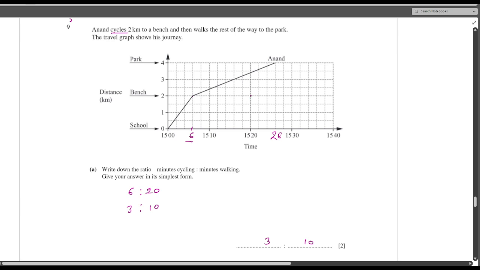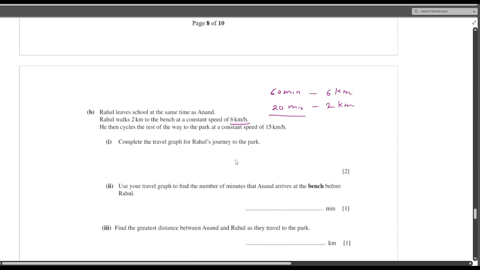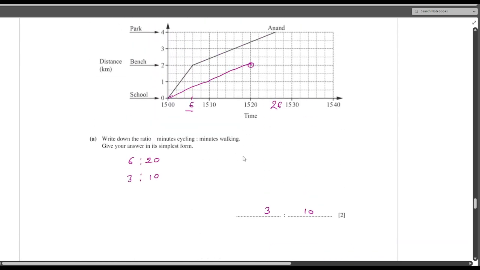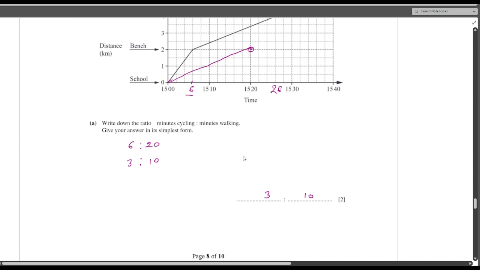Okay, I have 1 point over here. Now I will draw a line like this. So here my speed is 6 kilometer per hour. Then I increased my speed to 15 kilometer per hour.